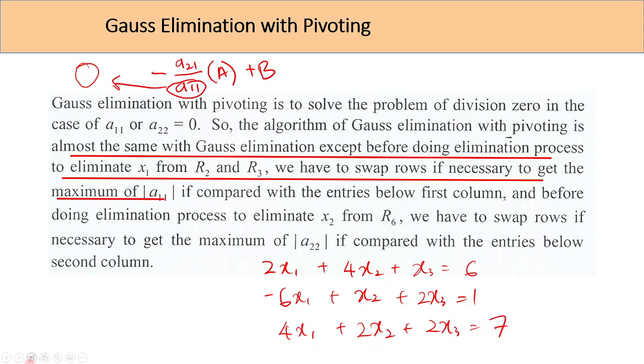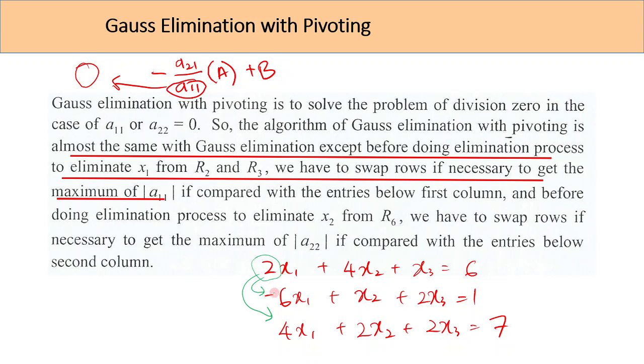From here, the first thing we need to do is take the maximum number. Make sure all become positive first, and then compare this value with the other two to see which one is highest.